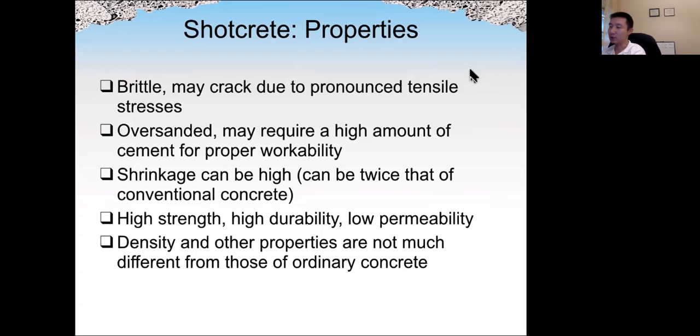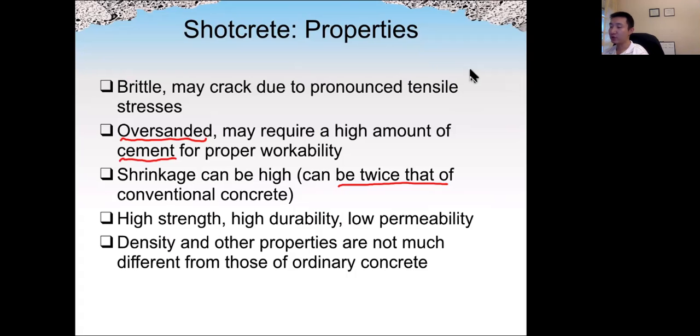And because we do not use a lot of coarse aggregate, potentially it will be oversanded, which means it has a lot of sand. So it may require a higher amount of cement for good workability. The increased amount of cement will also translate into higher shrinkage. As a result, shrinkage can be higher, up to twice that of normal concrete.